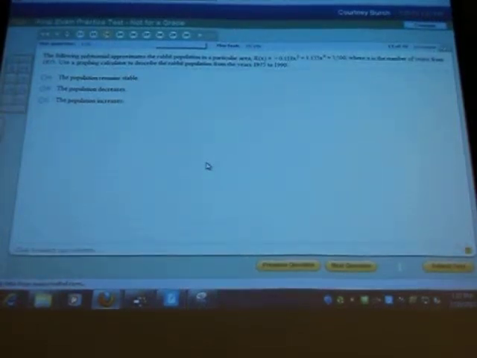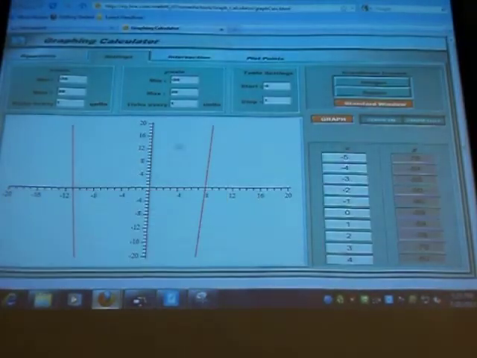Asking me to do there? Well, it says use the graphing calculator, so let's graph the equation.